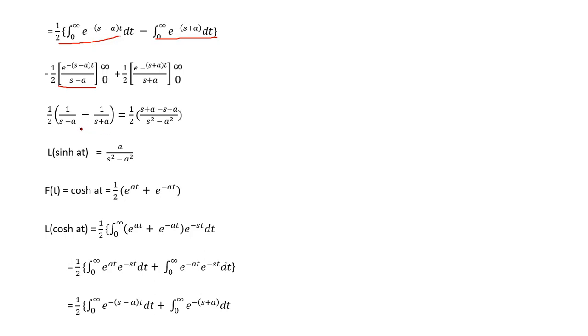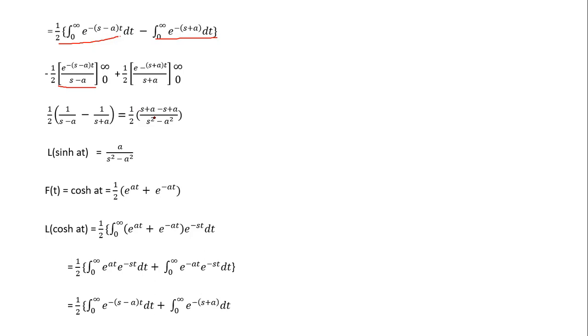So now we cannot simplify until we find the LCM between s minus a and s plus a, which is the same as the difference of two squares. So the LCM will become s squared minus a squared. When you take the LCM and simplify, we get half into bracket s plus a minus s plus a.